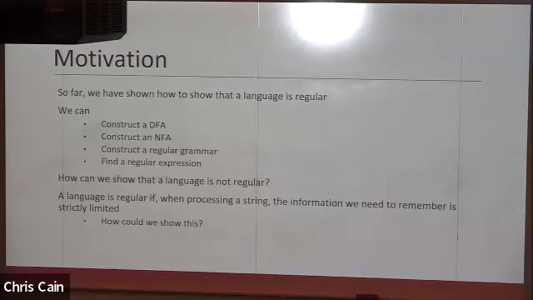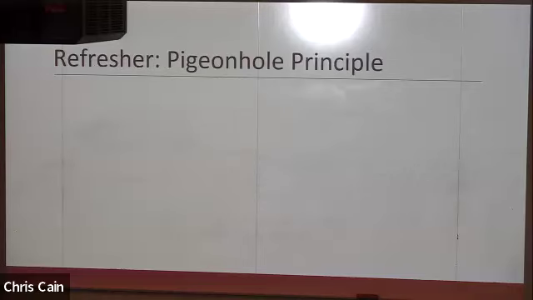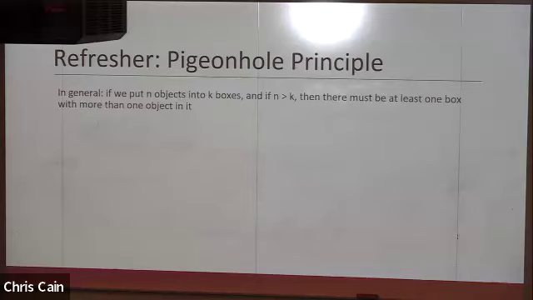So to go into this, we're going to refresh ourselves a little bit on a concept from discrete. Who remembers the pigeonhole principle? Excellent. So the goal is we have n objects, and we want to put them into k boxes.